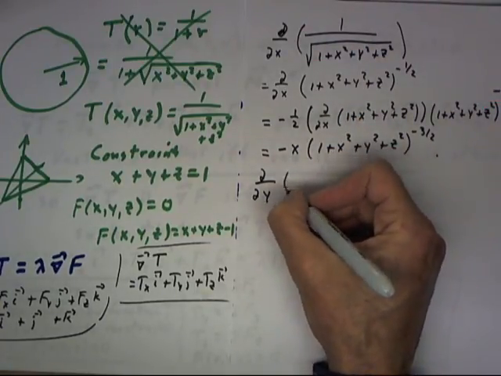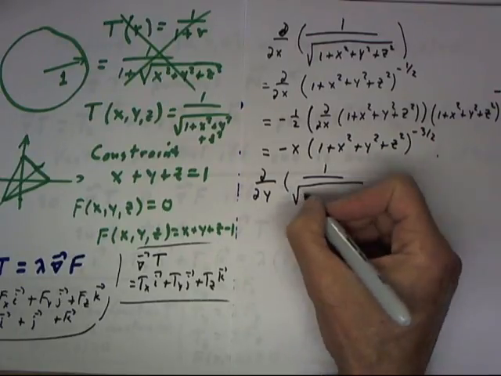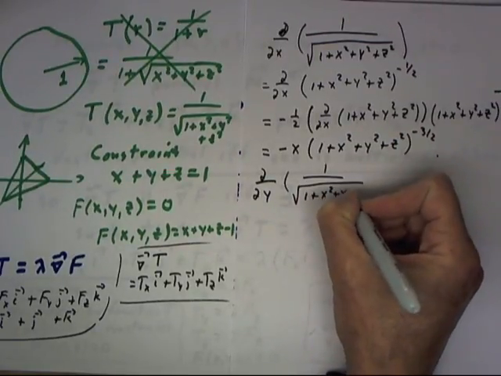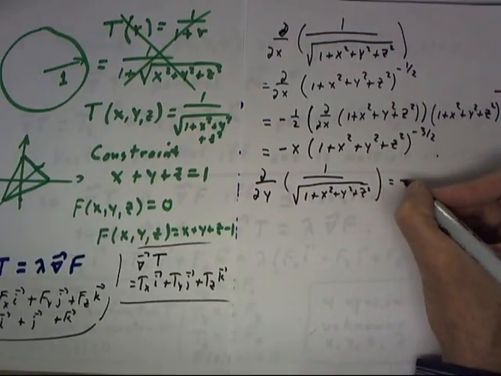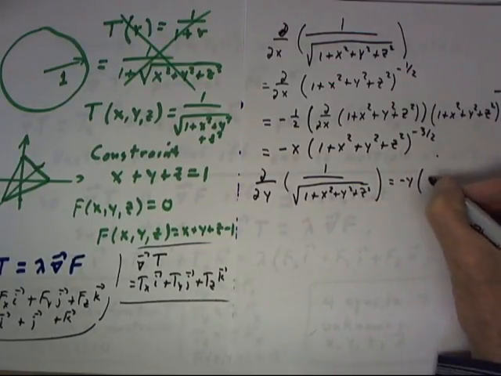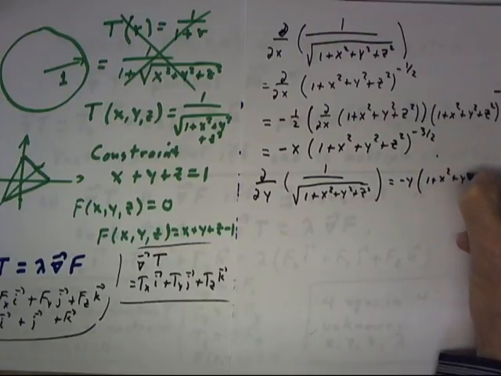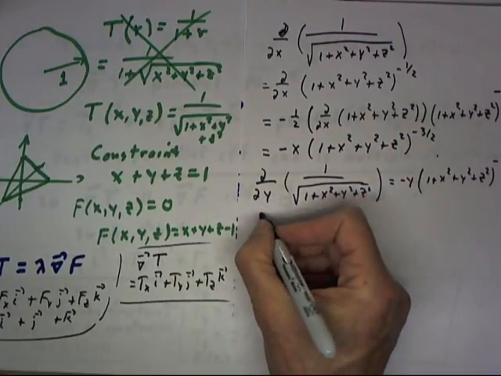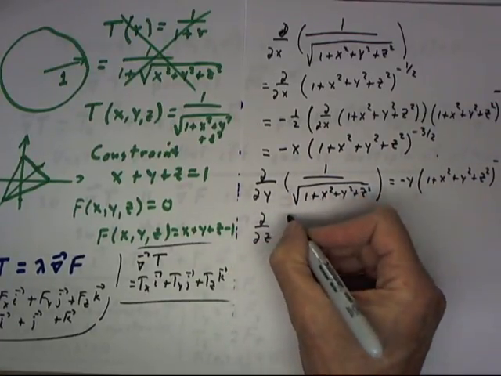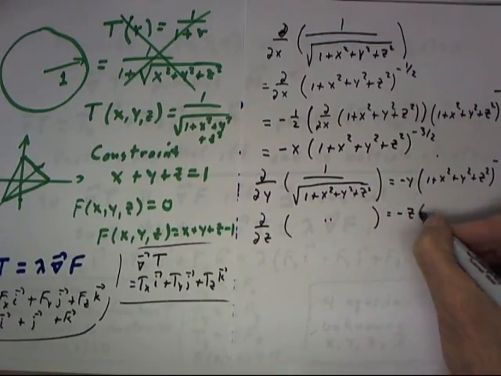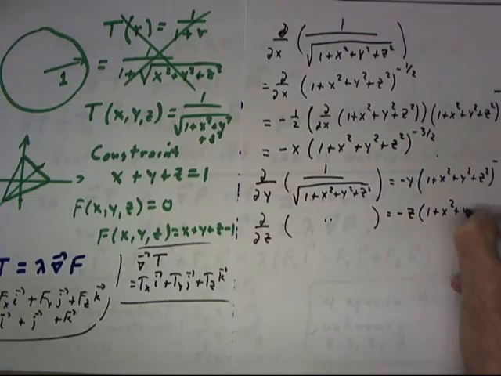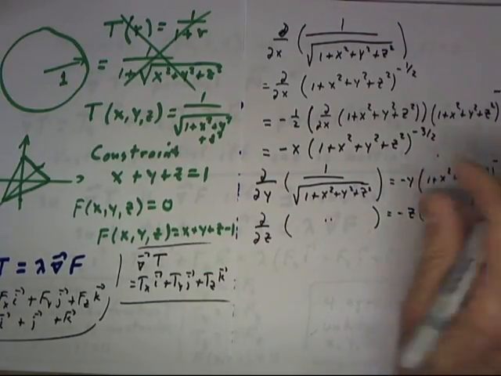The partial with respect to y of 1 over the square root of 1 plus x squared plus y squared plus z squared is negative y times 1 plus x squared plus y squared plus z squared to the negative 3/2, and the partial with respect to z of the same expression is negative z times 1 plus x squared plus y squared plus z squared to the negative 3/2.